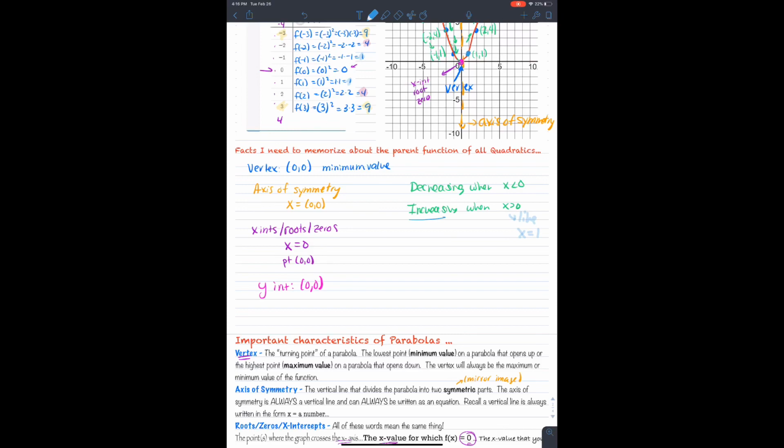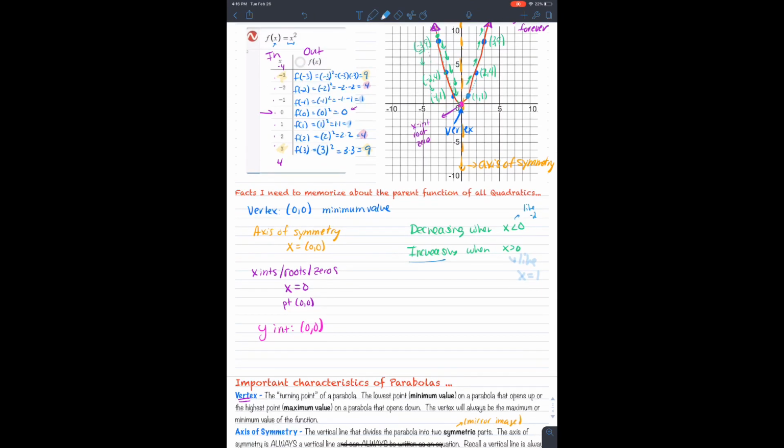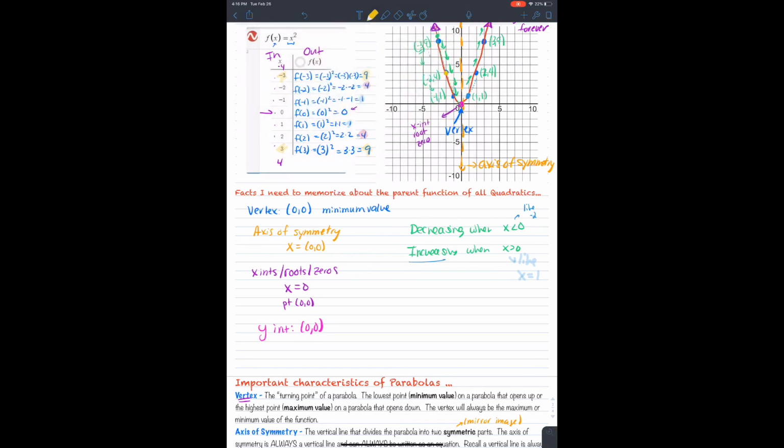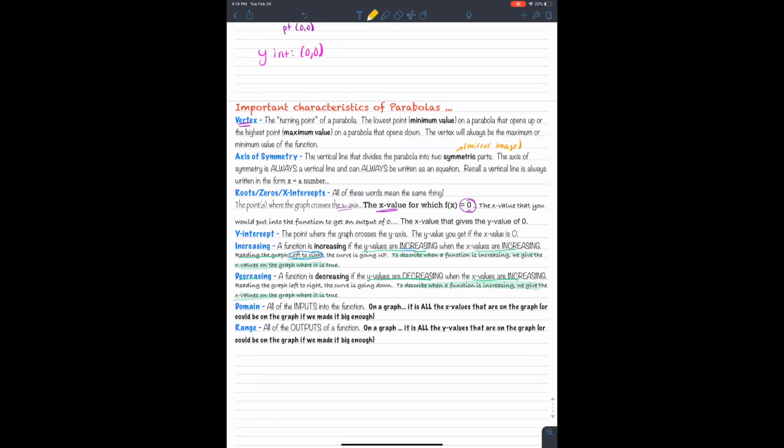Similarly, if I picked an x value that was less than 0, like -2, if I started at that x value of -2 right here, and I move on the graph from left to right, my y values are going down.